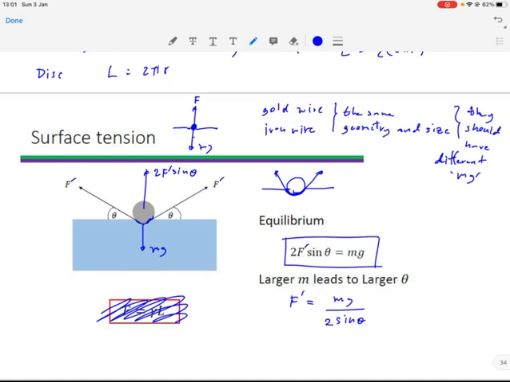So if the object is a wire with length L, and the maximum force that acts on each side of the object is gamma L, right?